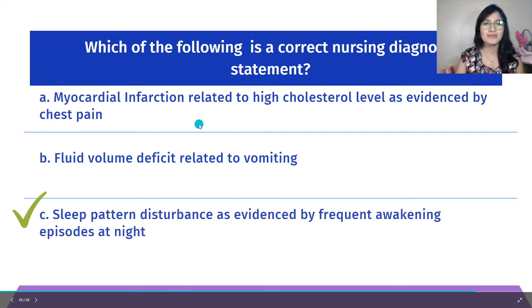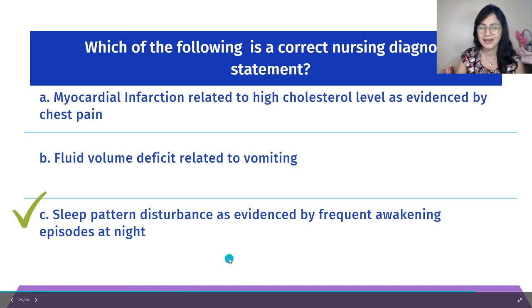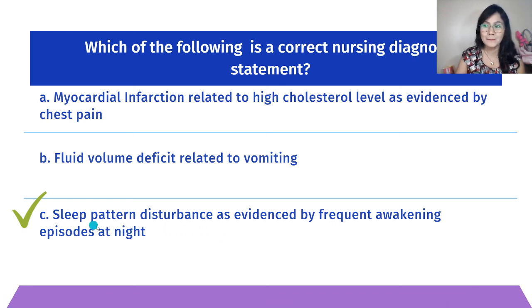Okay, if you answered sleep pattern disturbance as evidenced by frequent awakening episodes at night, then you are correct. Again, you have here the nursing diagnosis statement, and then you also have the etiologic factors, and then the signs and symptoms: frequent awakening episodes at night.